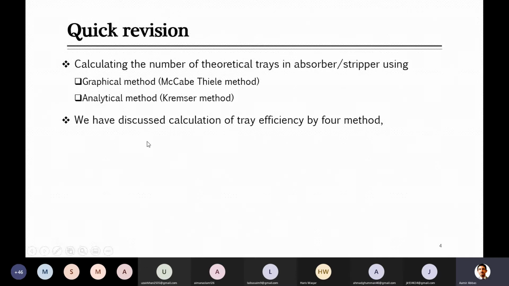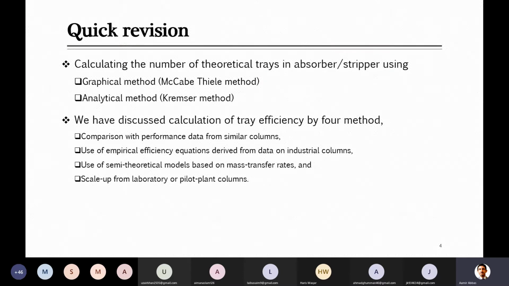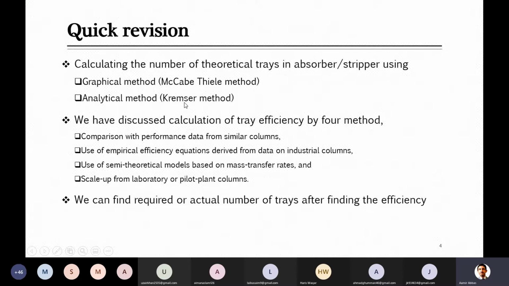Then came the concept of tray efficiency, and 4 different methods were discussed in detail to calculate the efficiency. When we can find the efficiency and know the theoretical number of trays, the actual number of trays can be found. After that, we discussed the height of the column.